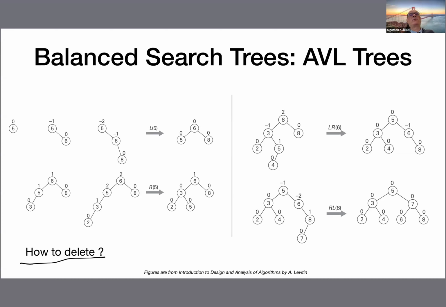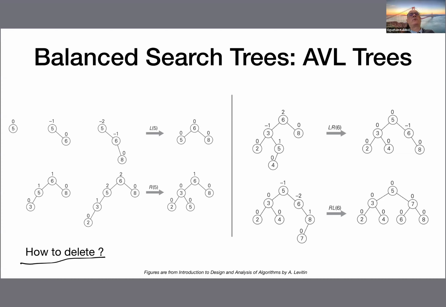One other type of instance simplification for the binary search trees is the 2-3 trees. This is a bit different from the AVL trees because at this time you are still having your binary search tree, but you make a modification.